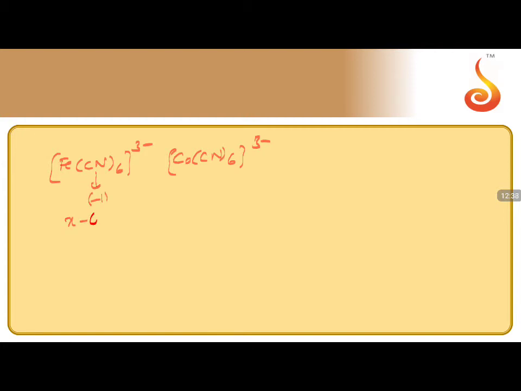So x minus 6 equals minus 3, x equals +3 oxidation state. So iron is in +3 here. Same way here cobalt will also be in +3 oxidation state.